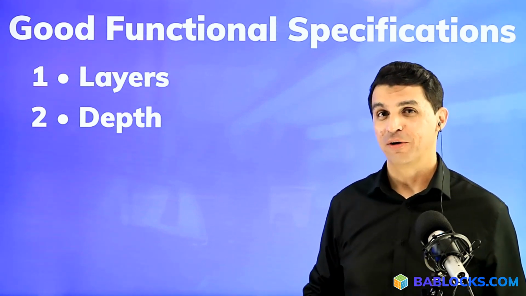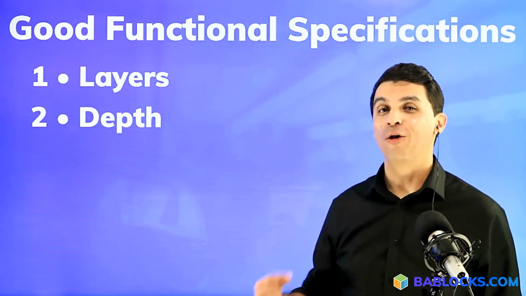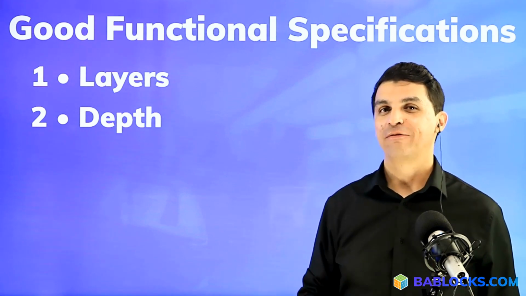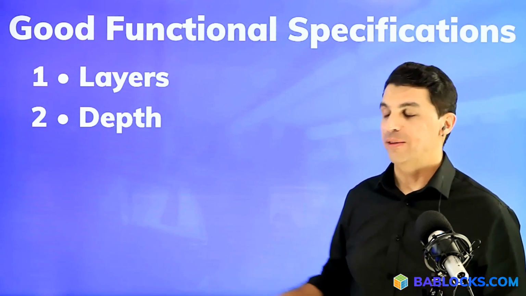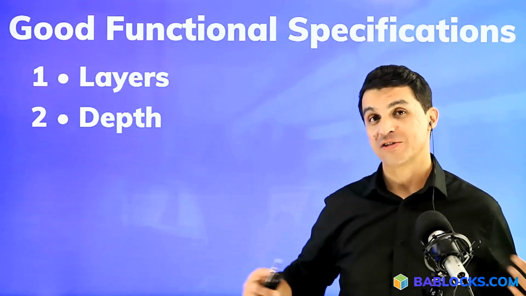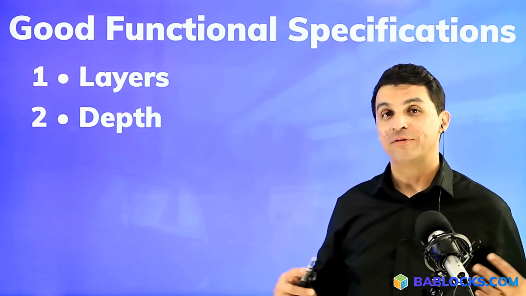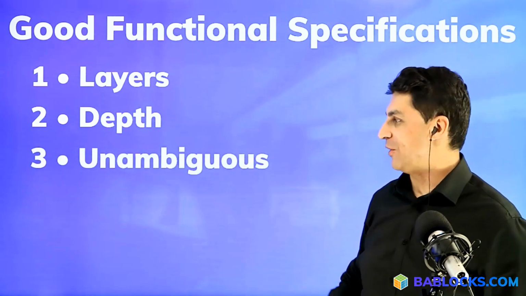Meanwhile, other developers will not write a single line of code until you've given them all of the excruciating levels of detail that they are going to need to be able to do the work that they need to do. All right, so the second aspect of good functional specifications has to do with the level of depth or the detail that you provide in your functional specifications.